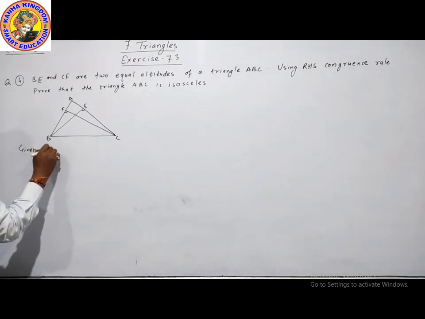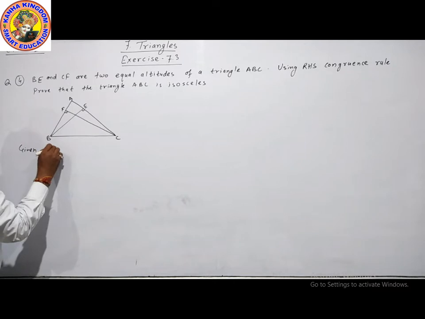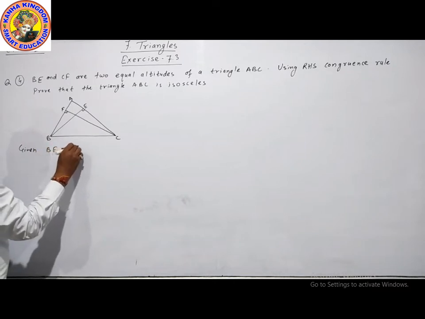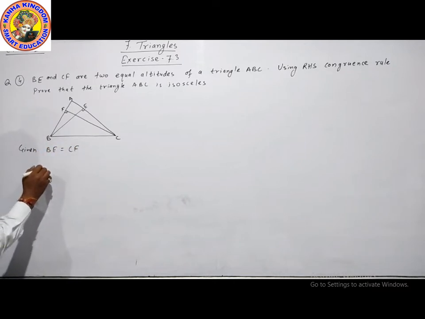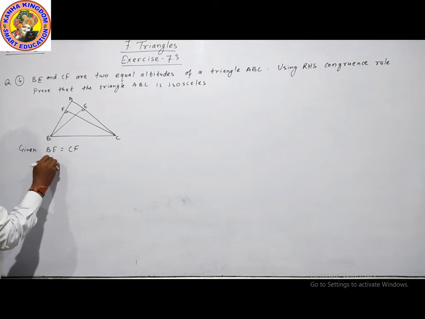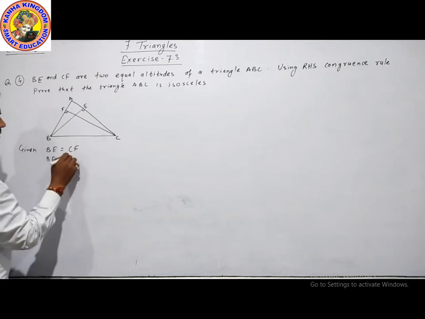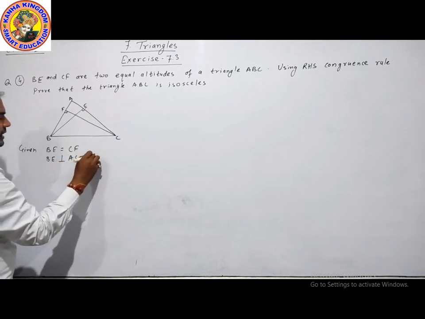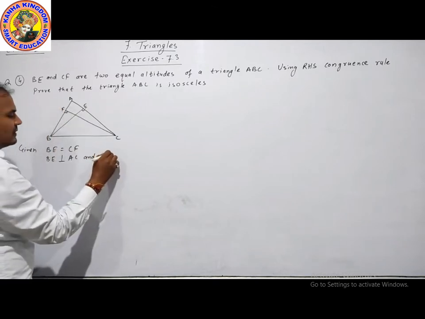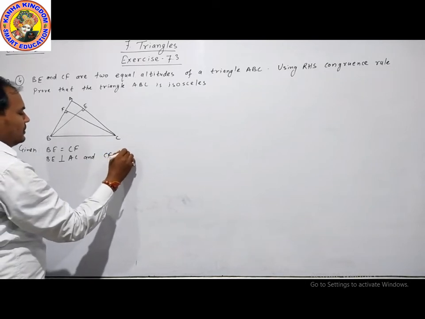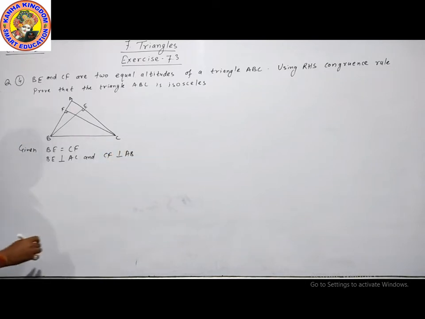BE is equal to CF. BE is perpendicular on AC and CF is perpendicular on AB.